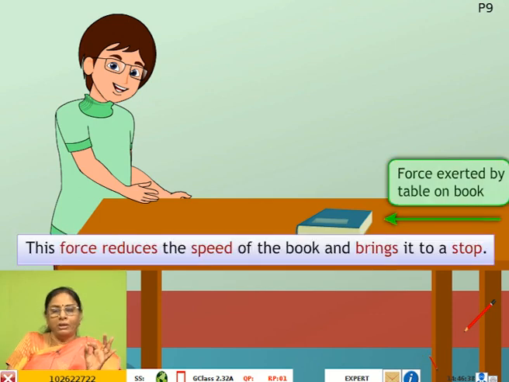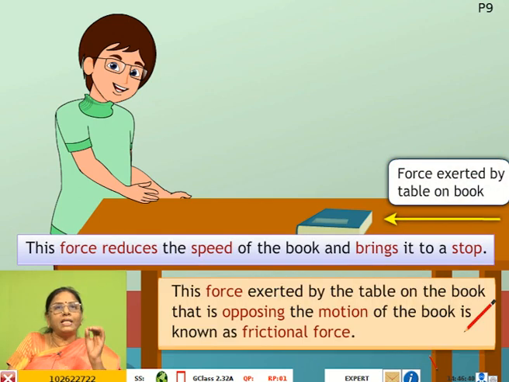Okay. So, this force has got a special name called the frictional force, and this force is opposing the motion of the book. It is preventing the book from moving. So, this force exerted by the table on the book is the opposing force, and we give it a special name called the frictional force.